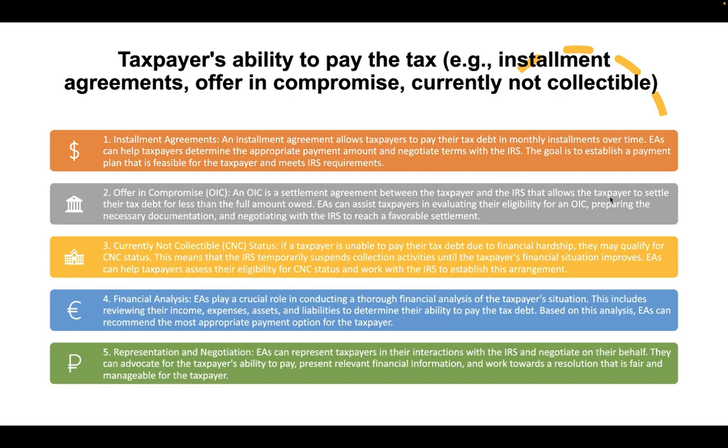Over 60-something percent of the people with tax resolution options are going to fall into this category. That means they don't qualify for an offer in compromise and they don't qualify for currently not collectible, CNC, status. So the majority of taxpayers in the United States that owe tax debt, this is going to be their primary option. Why?